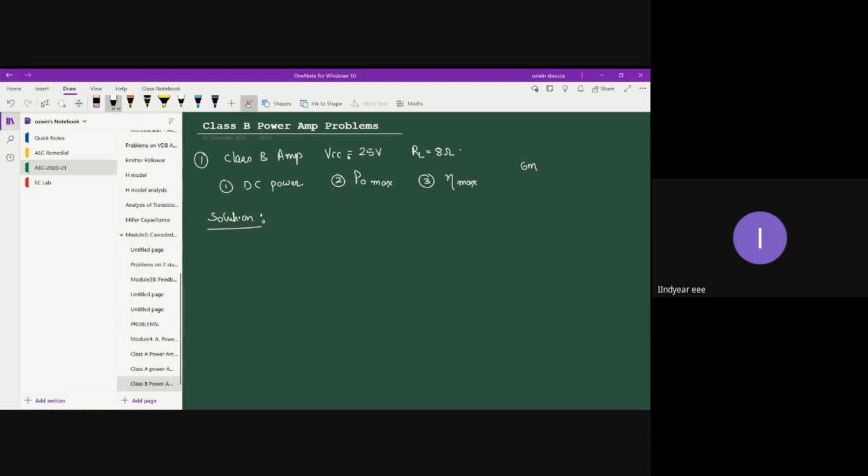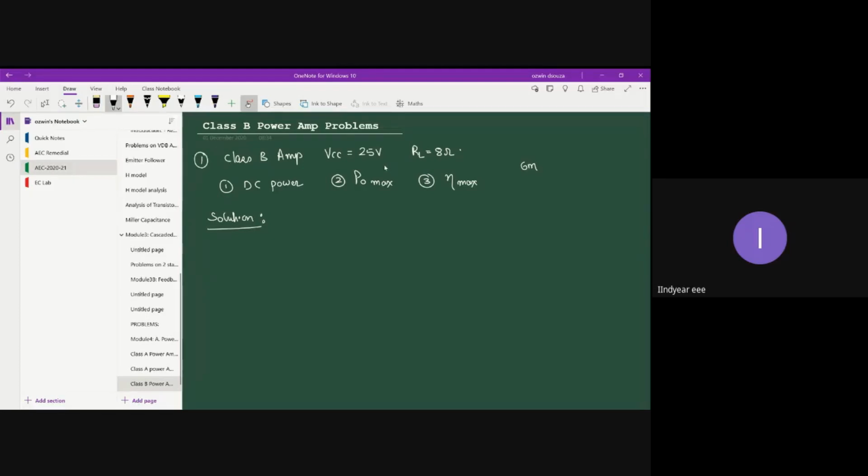Now, if you go with the logic, you can make out that for a complementary symmetry class B power amplifier circuit, this much data is enough to go with the solution, right?